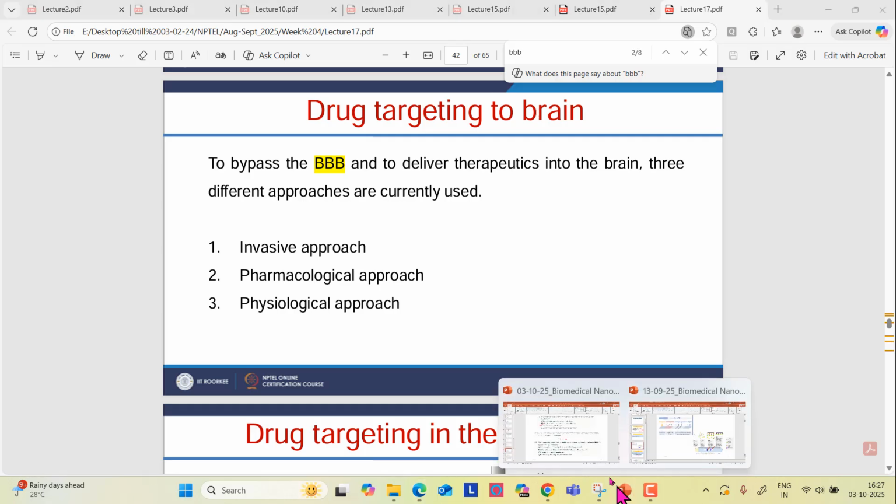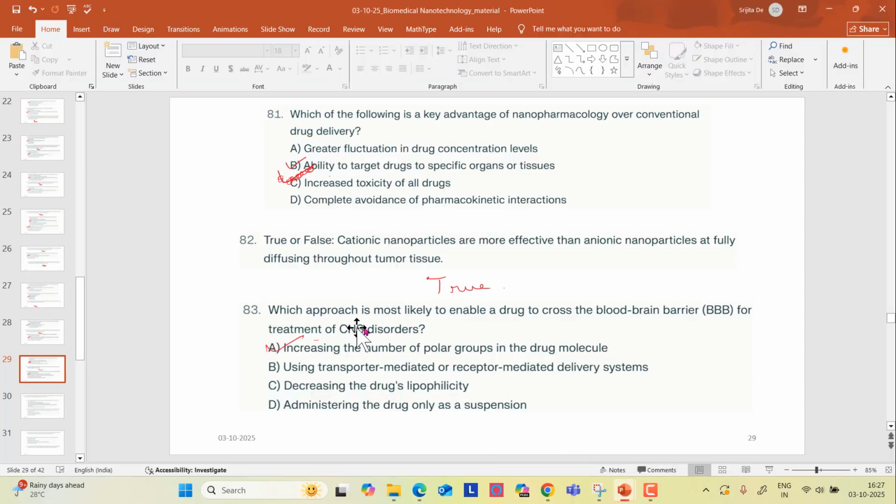So, the question was about which approach is most likely to enable a drug to cross the BBB for treatment. The number of polar groups in the drug molecule; using transporter mediated, receptor mediated.